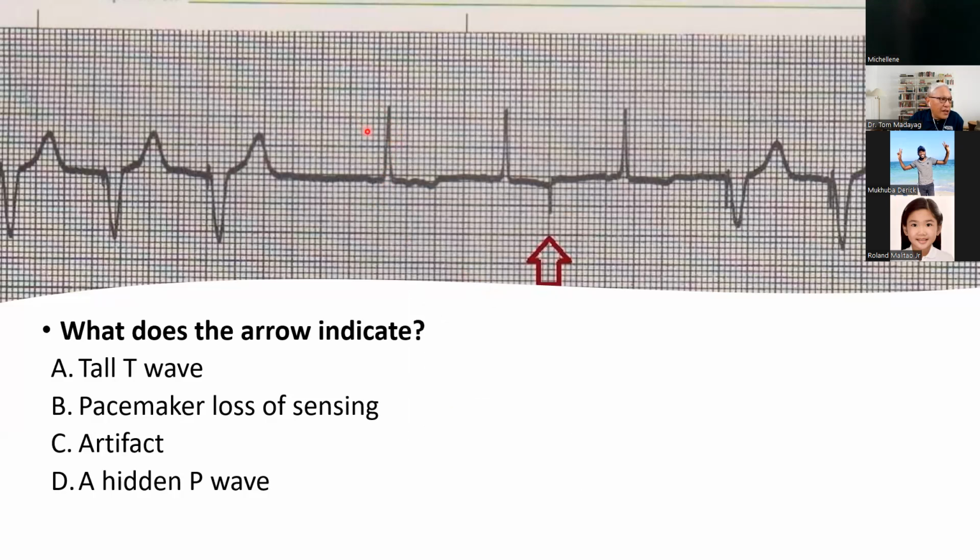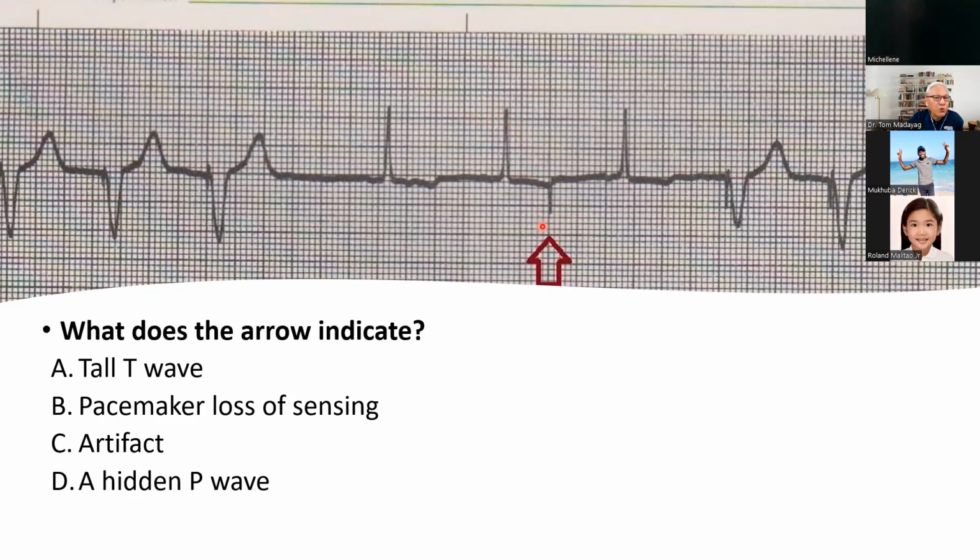These beats right over here are natural beats. So in the presence of a natural beat and a good rate, the pacemaker should not fire. But in this particular instance, as you could see, the pacemaker fired. It fired inappropriately, and therefore the problem is the inability of the pacemaker to detect or interpret this as an inherent or natural beat.